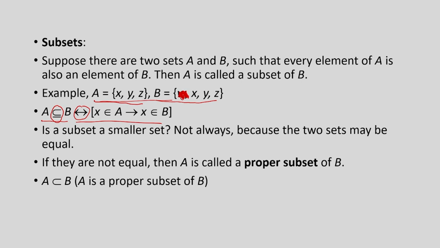In the case that they are not equal, then A is called a proper subset of B. Okay. So in this case you have a proper subset when W is there, but if you do not have W, it is not a proper subset, A is no longer a proper subset.